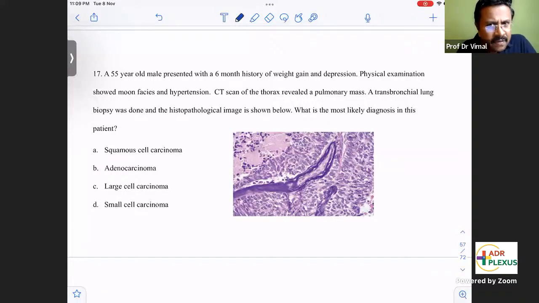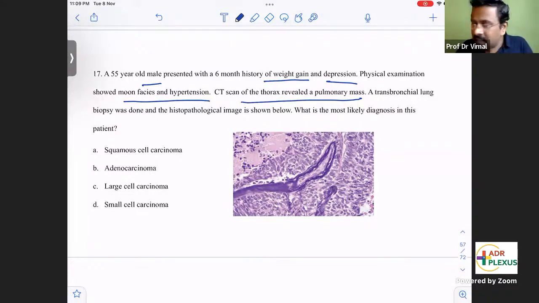Yes, if you carefully see, the patient is presenting with weight gain and depression, moon facies and hypertension. All these point to a diagnosis of Cushing syndrome. Also, the CT scan of the thorax revealed a pulmonary mass. So what are you seeing in this biopsy?